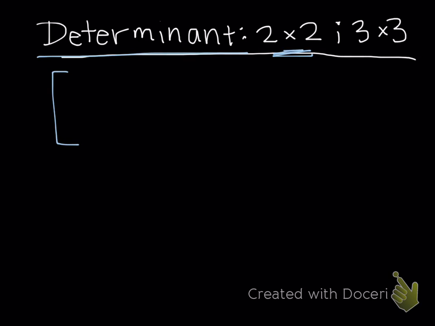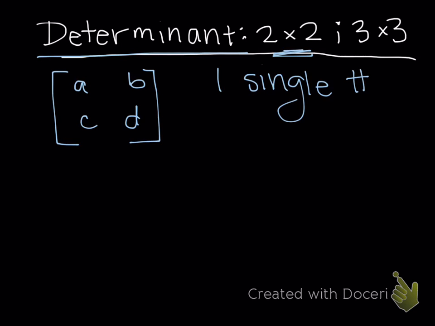So if I have this matrix A, B, C, D, the determinant represents one single number. Okay, so the determinant is one single number, and the way we find that one single number is doing A times D minus B times C. So notice you're going to recognize that that comes from where we find the inverse.